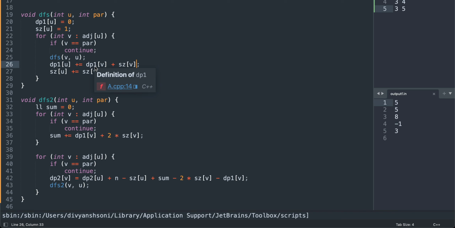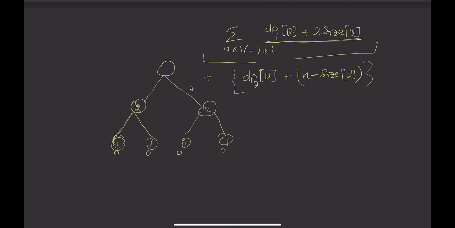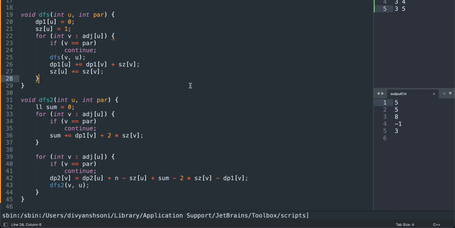But what about this parent? So the size, what is the size? Okay, there is something wrong with the size I said. Size of v, u is nothing but 1, but size is already 1 for every node.